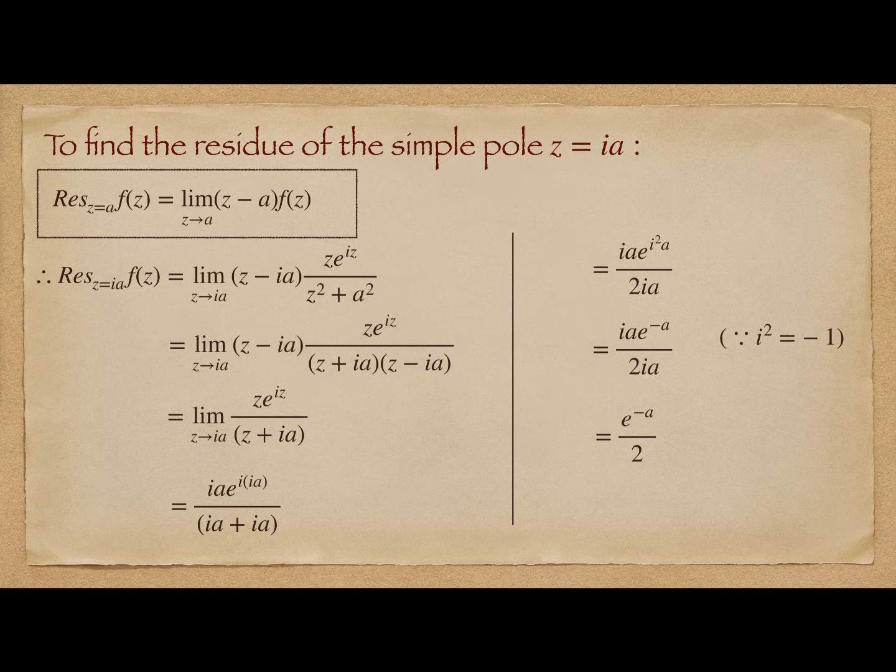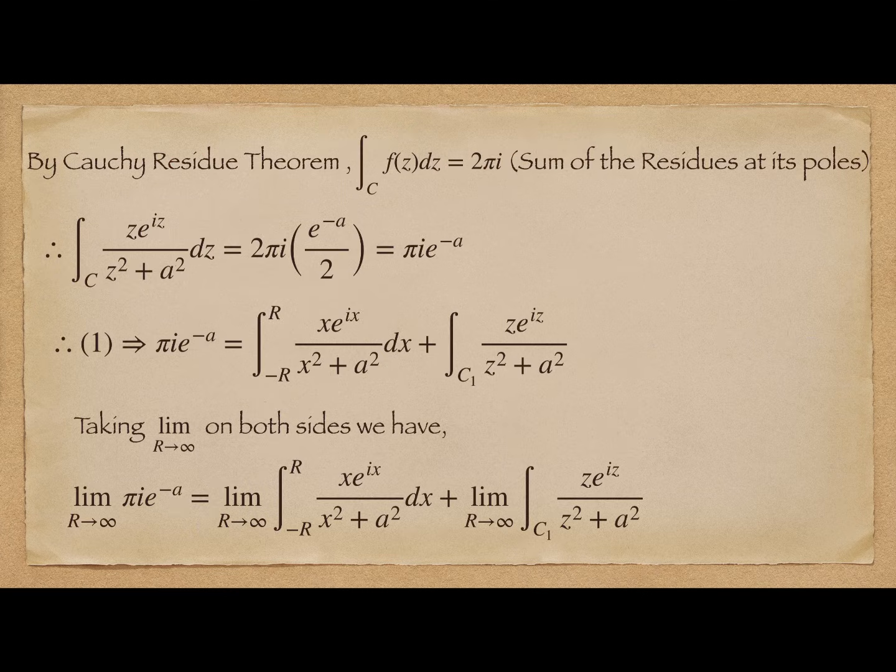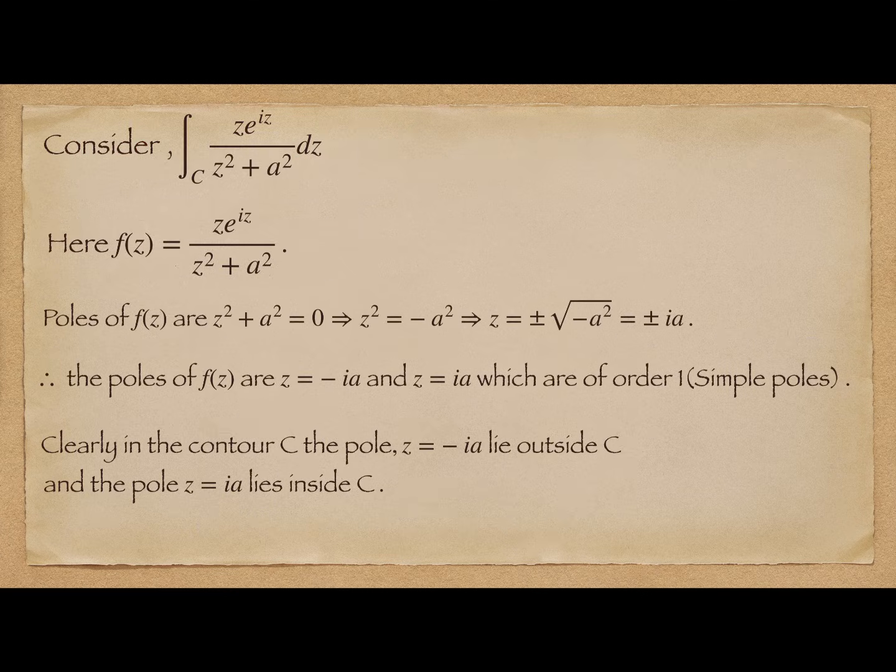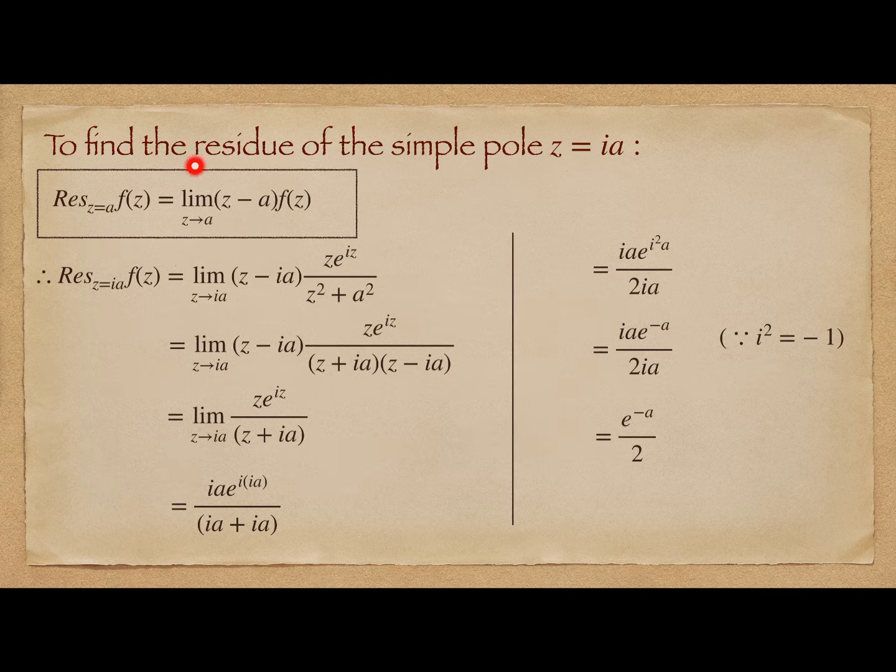Now let us find the residue for z equals plus ia. To find the residue of the simple pole z equals ia, we know the residue formula: residue at z equals a of f of z equals limit z tends to a of z minus a into f of z. But here we have the pole z equals ia.